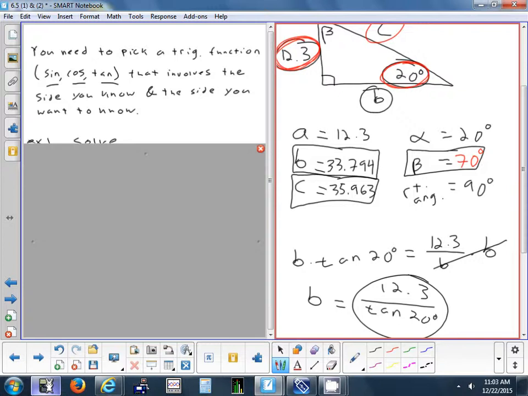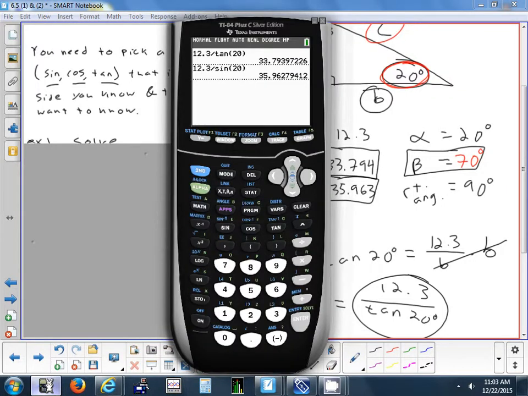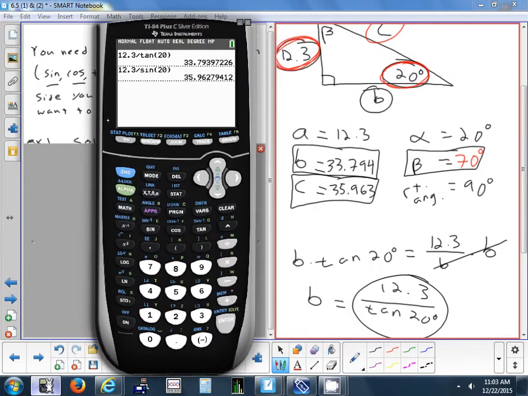Now, if you had extra time, what you could do on the test is you could check this with the Pythagorean theorem. It's probably not going to come out exact because you rounded, but try 12.3 squared plus 33.794 squared. So a squared plus b squared should equal 35.963 squared.